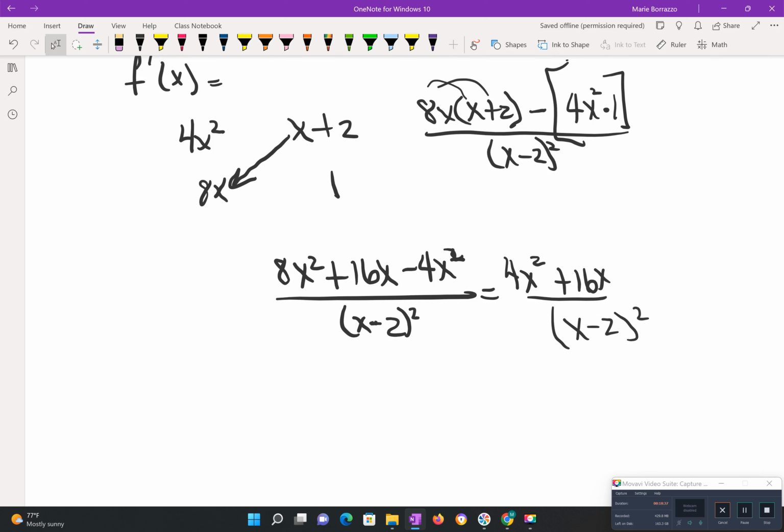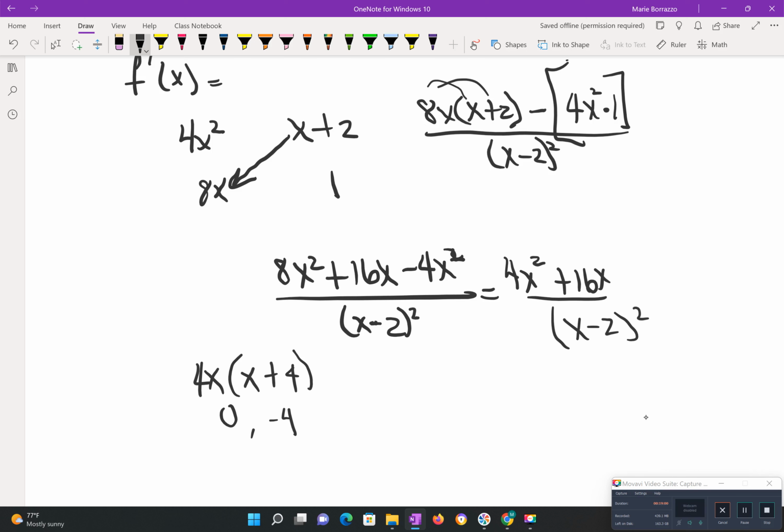All right, and we factor out the numerator. We end up with 4x times x plus 4. So one of our values is x is 0. The other value is minus 4.